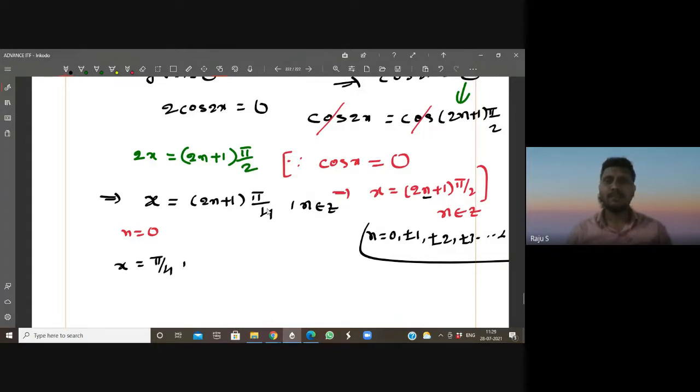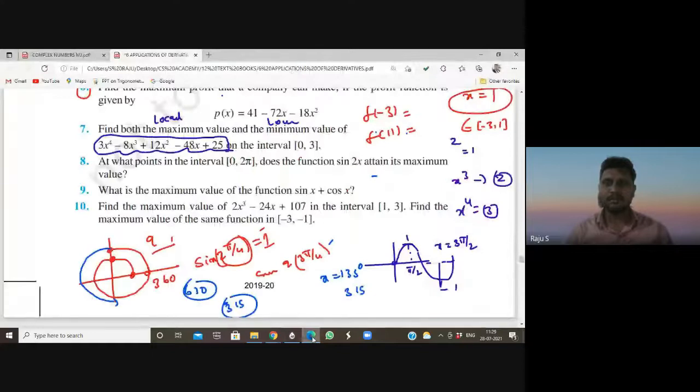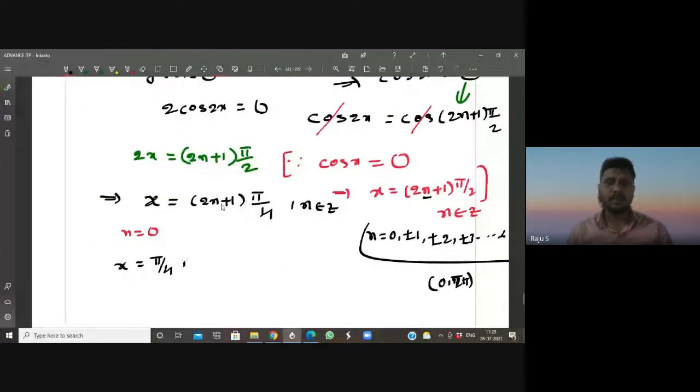Does pi by 4 belong to the interval 0 to 2 pi? So what is the given interval? 0 to 2 pi. Right. Next, when I substitute n is equal to plus 1 and minus 1: I substituted 0, I got pi by 4.